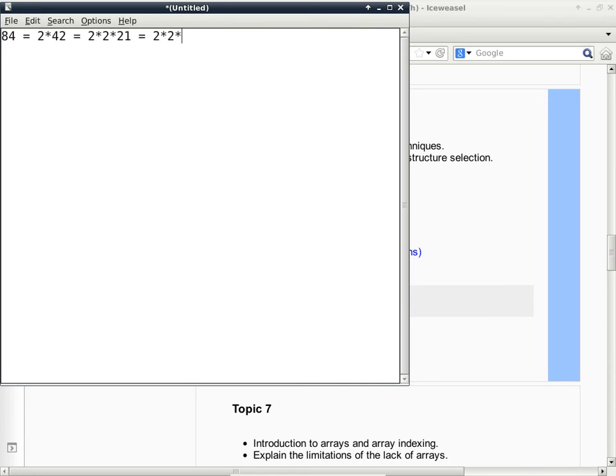I look at 21 and go, I think it's divisible by 3. And then I look at 7, and 7 turns out to be a prime number itself, and so I can no longer factor anymore. The only thing left is 1, but 1 is not even a prime number, so I can stop at this point. Why is this process useful? What do you use it for?